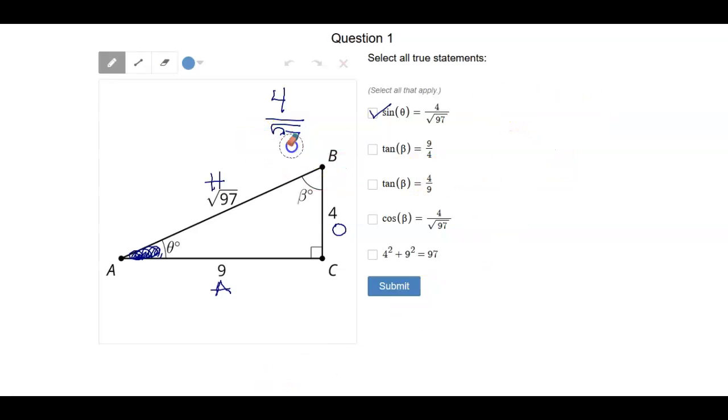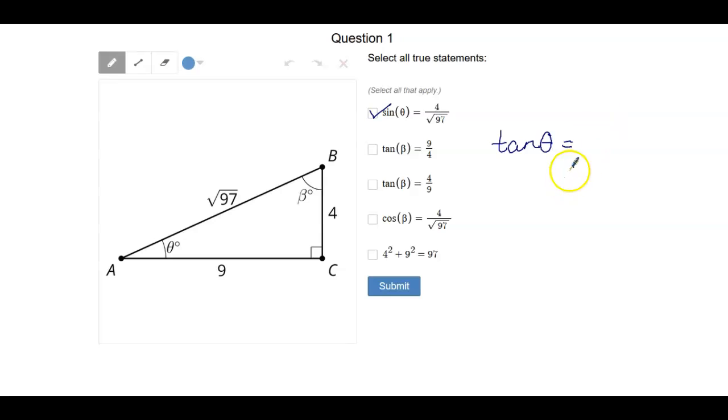All right, next one we're going to look at is the tangent of theta. Theta just means the angle measure, remember.